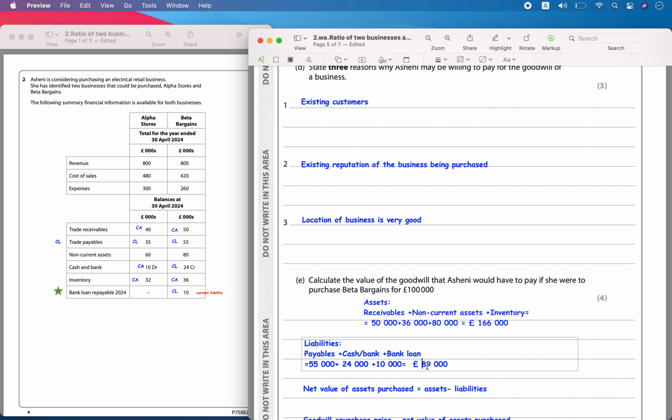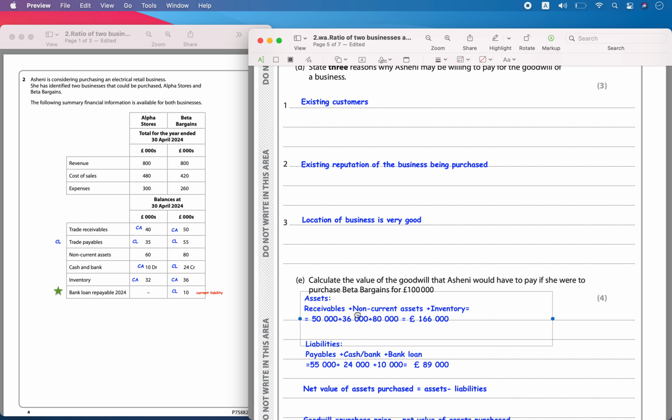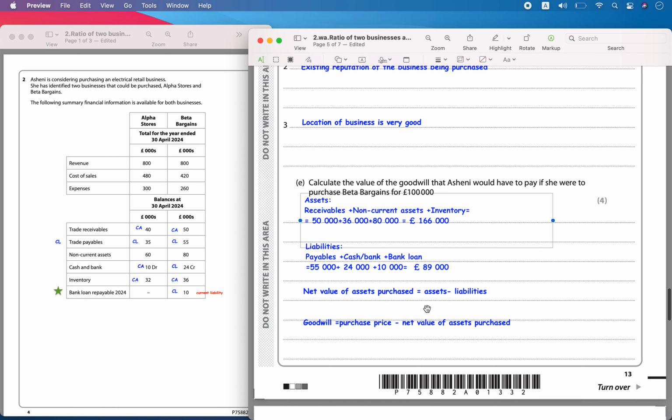So add the total assets and total liabilities of the business, then find the difference between the two.